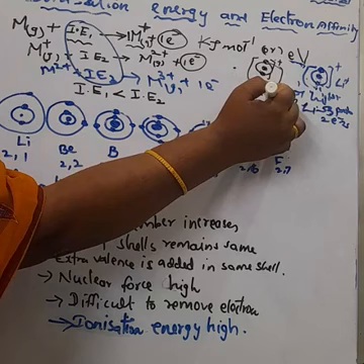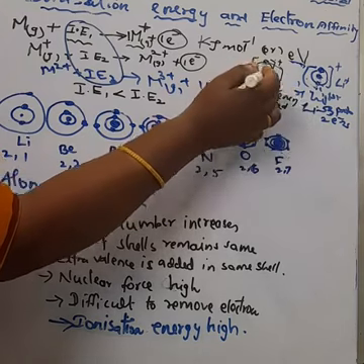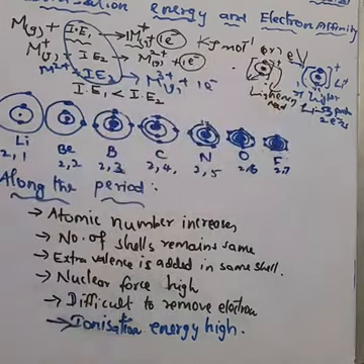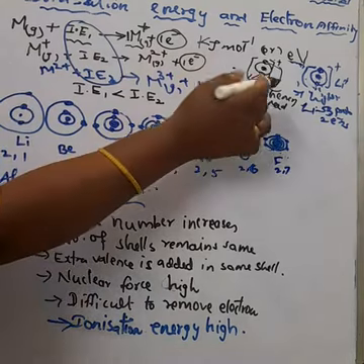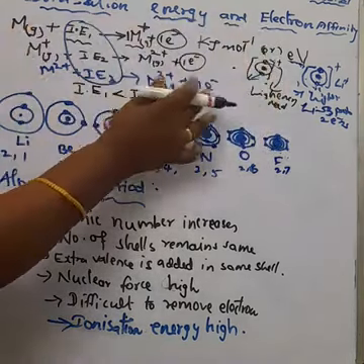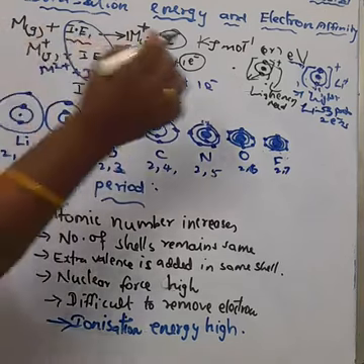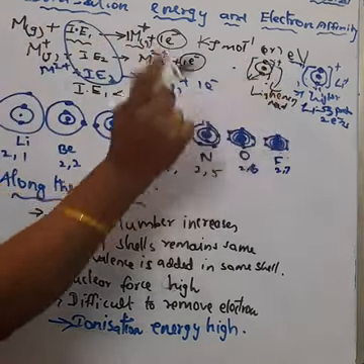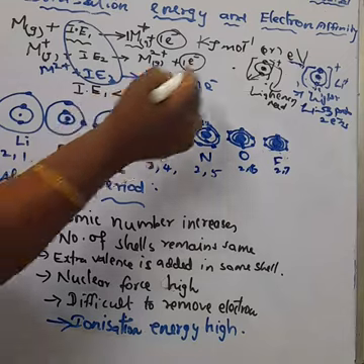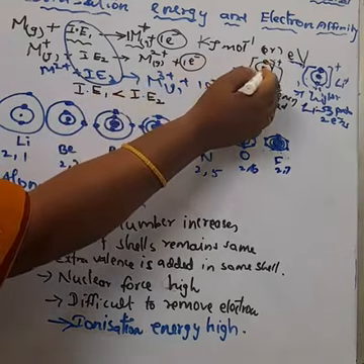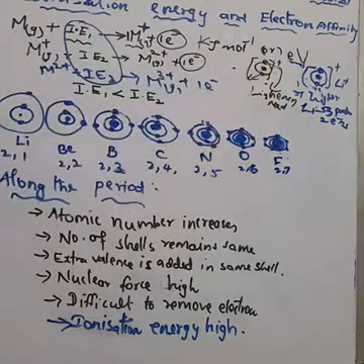Understood? And again, if we want to remove one more electron, we should give higher energy than the second ionization energy, because here the number of protons is 3, but after removing 2 electrons, the number of electrons is only 1. The negative charge is very small compared to the positive charge.